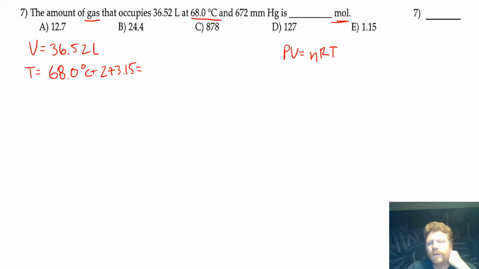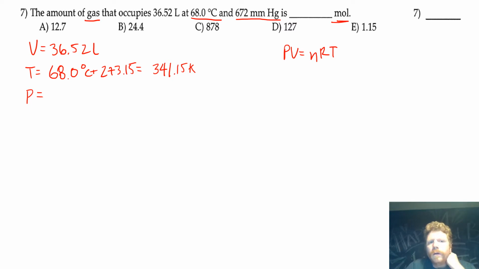So 273.15 plus 68 is 341.15 Kelvin. Okay, now we've got our temperature in the right units. This next one is millimeters mercury. That is our pressure, because it stems back to the discussion of a barometer.